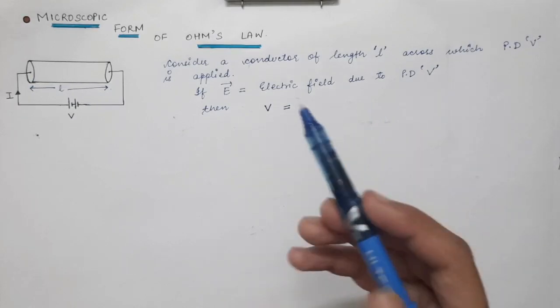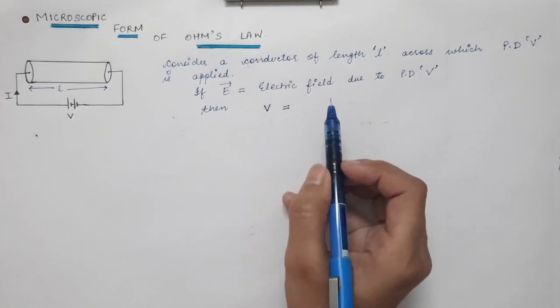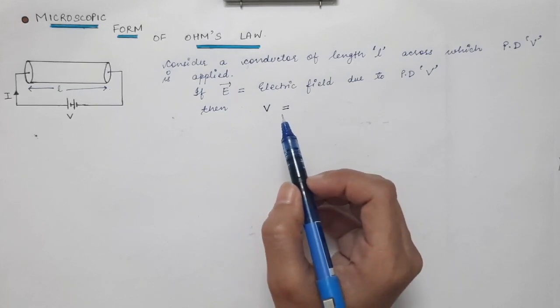So in this case, what will be V? The actual formula for how the electric field and the potential are related, we have already done in the previous semester.